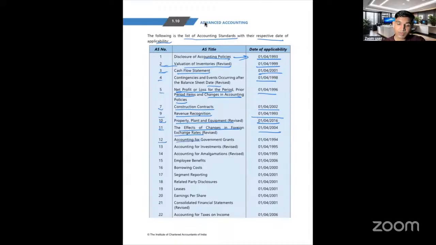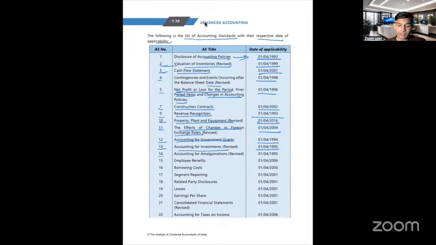AS12, accounting for government grants, comes into picture on 1st April 1994. AS13, accounting for investments, has been made applicable on 1st April 1995.